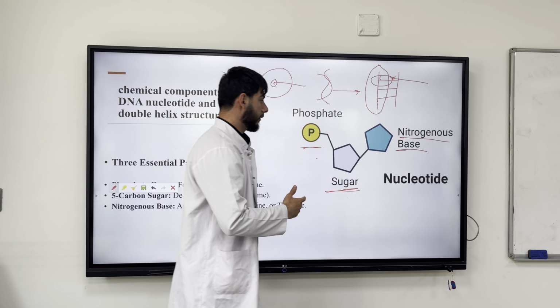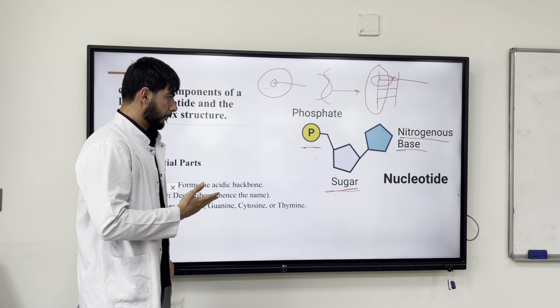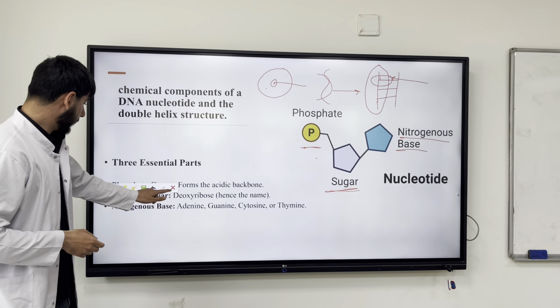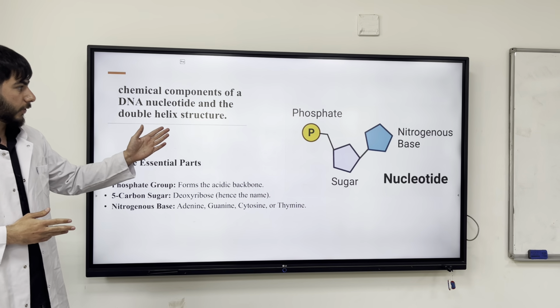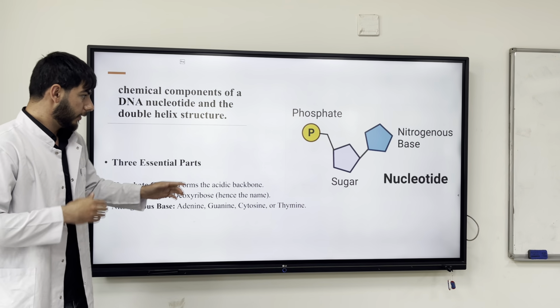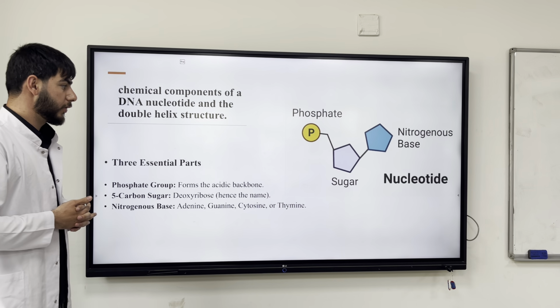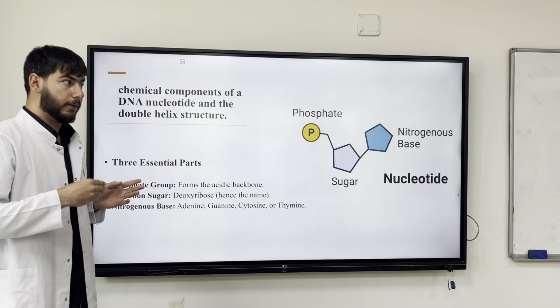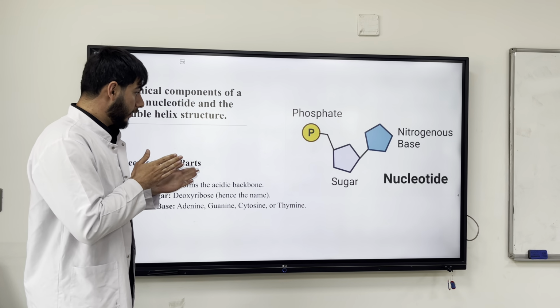We have these three parts. This part we call the nucleotide. We have the phosphate group and the sugar. We have the 5 carbon sugar. We call it deoxyribose sugar. It is different from RNA. What is the difference between RNA and DNA? The sugar is different.